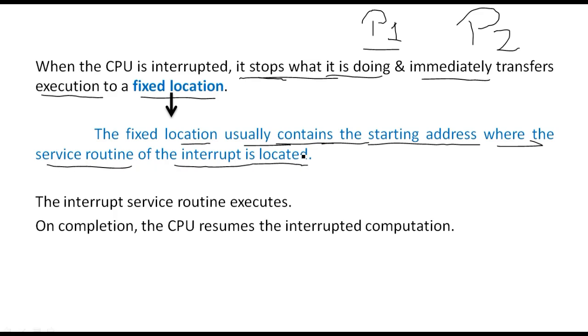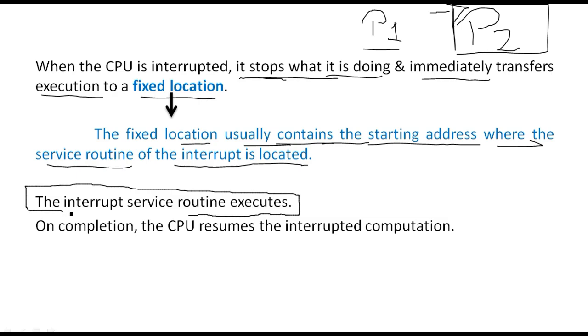So the interrupt is this P2, the higher priority process which is entering, and the interruption takes place. We will move to the fixed location, which is the starting address of P2, where the service routine of the interrupt is located. The interrupt service routine then executes.